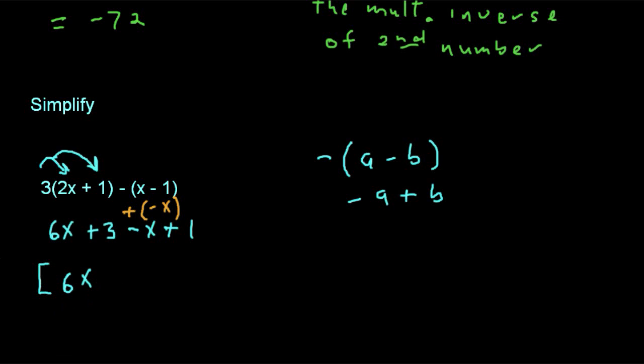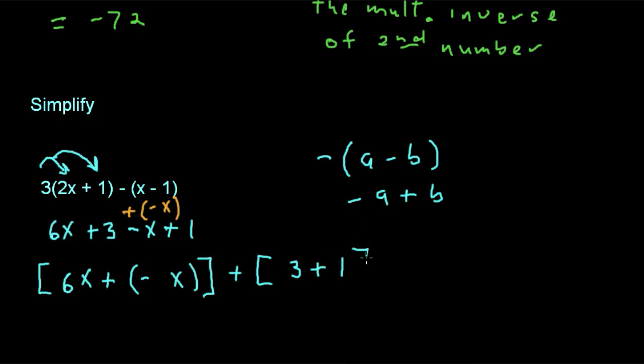So 6x, then plus negative x, and then let's group the terms that don't have a variable in it. Well, that would be the 3 and the 1, so that's just 3 plus 1.